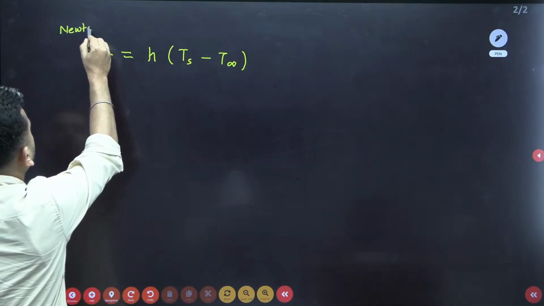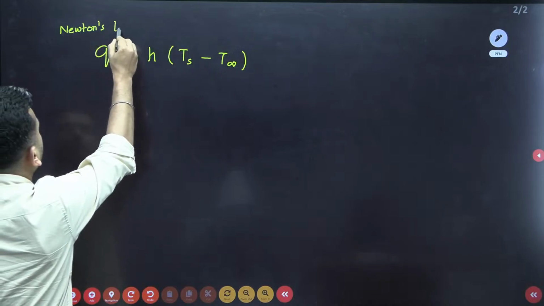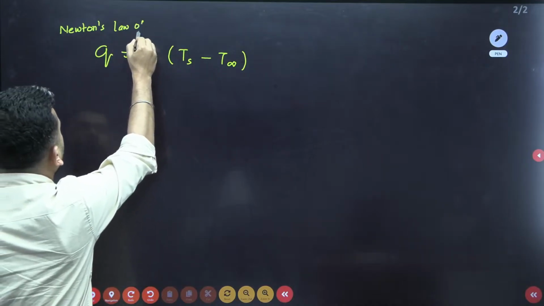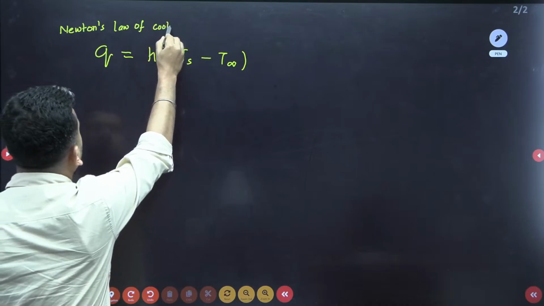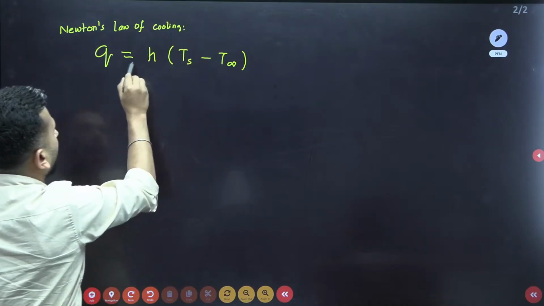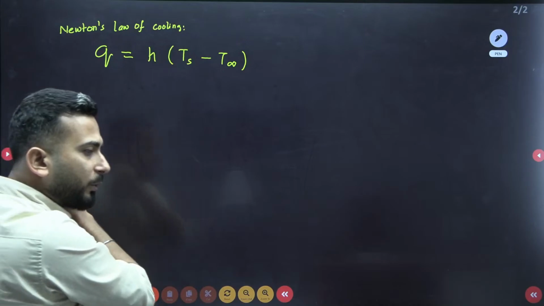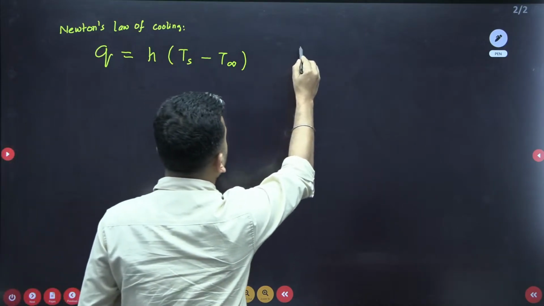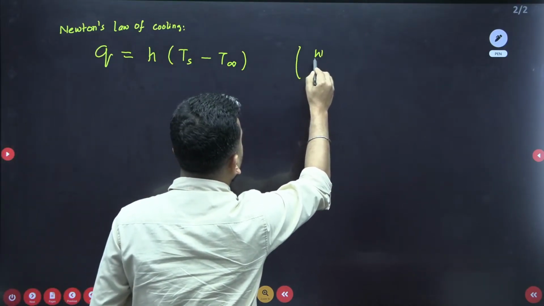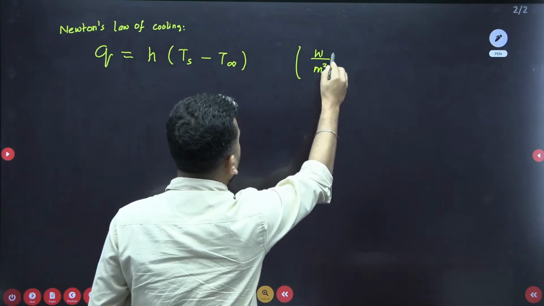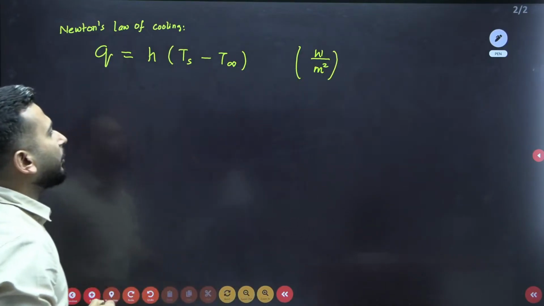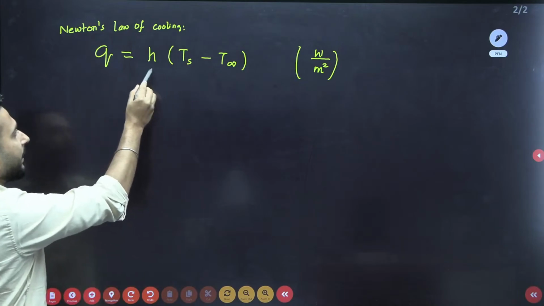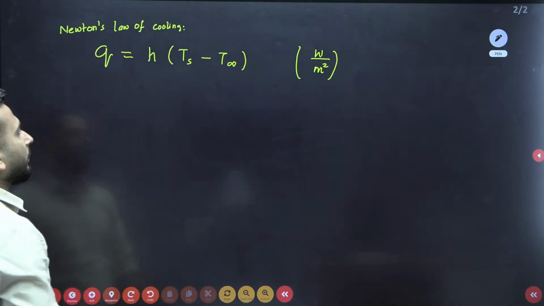Newton's law of cooling. And obviously you will ask, sir, what is the unit of this? I have expressed it in watt per meter square, which means I am treating this as flux. You can also multiply this by A and make the unit watt.